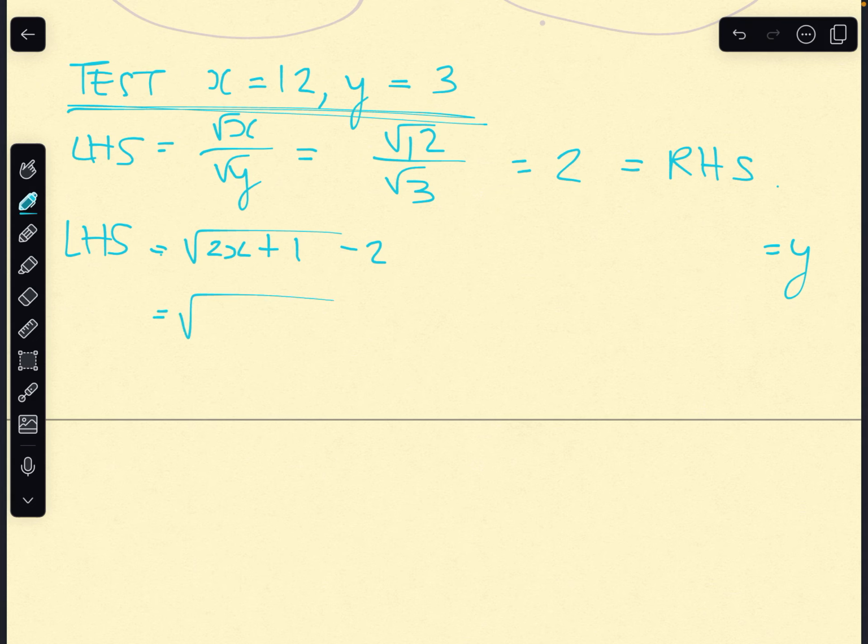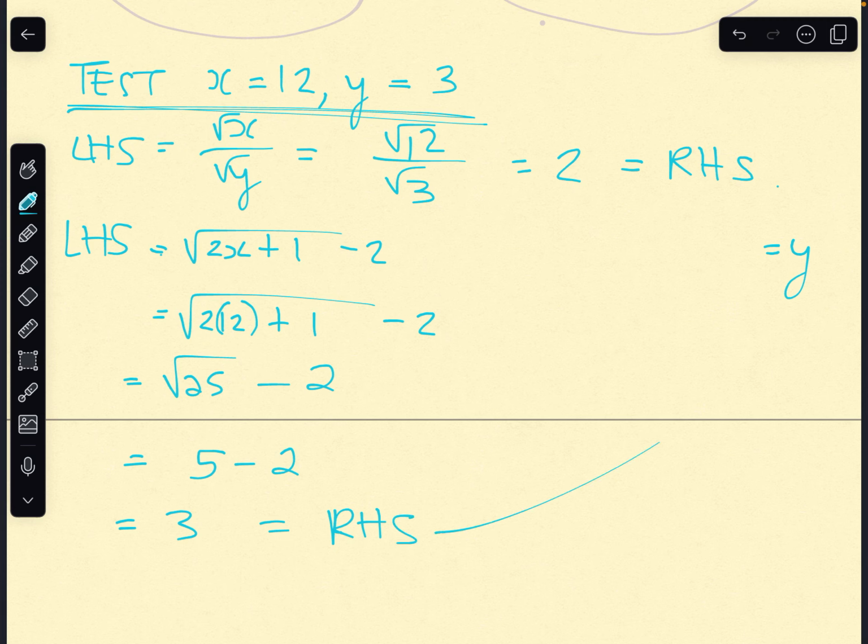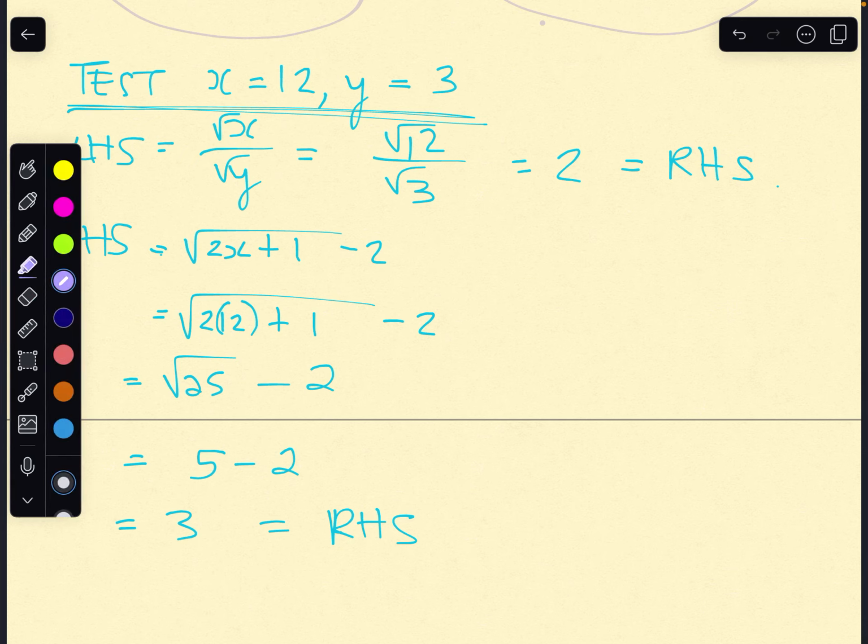So this would be the square root of 2 times 12, plus 1, minus 2. That is the square root of 24 plus 1, so the square root of 25, minus 2, which is 5 minus 2, which is 3, which is indeed equal to the right hand side, because it needs to be equal to y. So this solution works. This one is a winner. It satisfies both equations. We are happy.